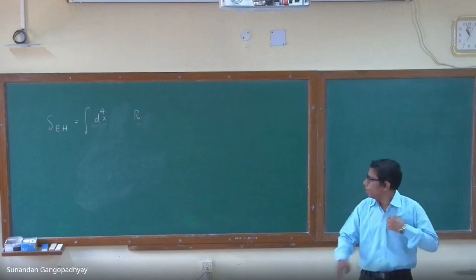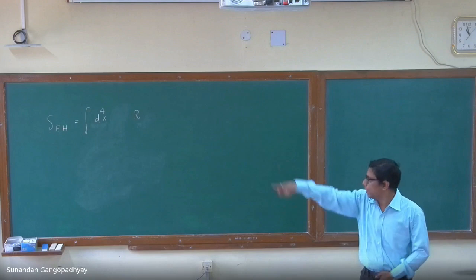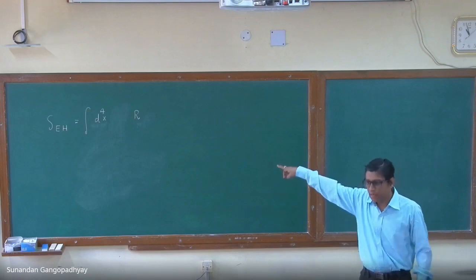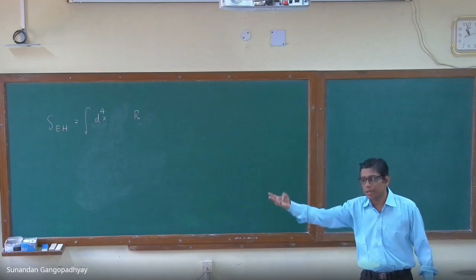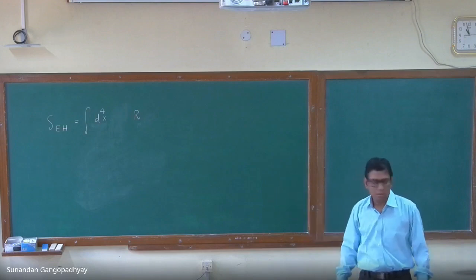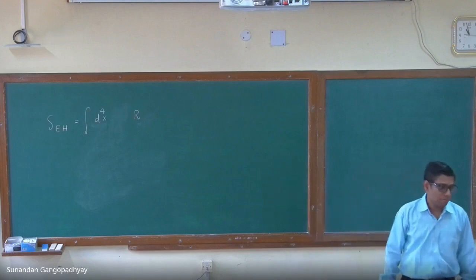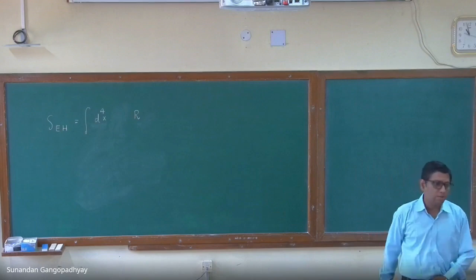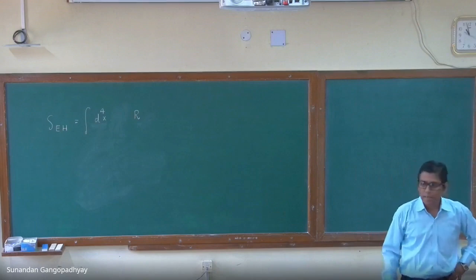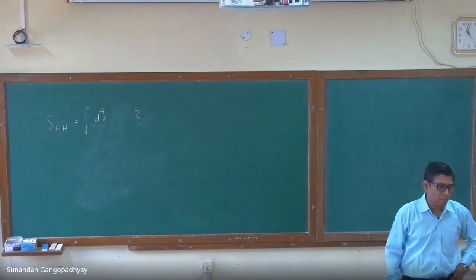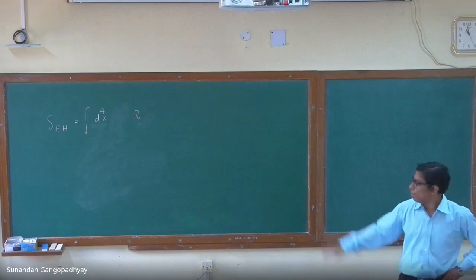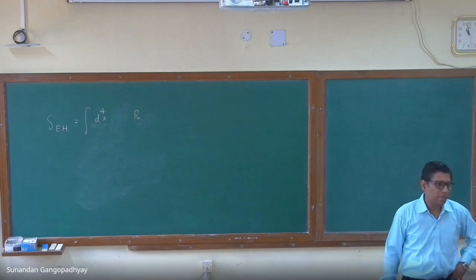Even in your question, d4x and square root of minus g have the same dimensions, so it is not dimensionally wrong. It is a very important point that you should always check dimensions, otherwise it is fundamentally wrong.